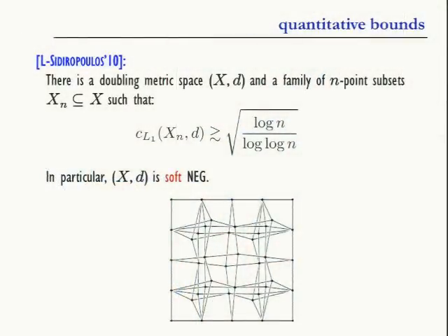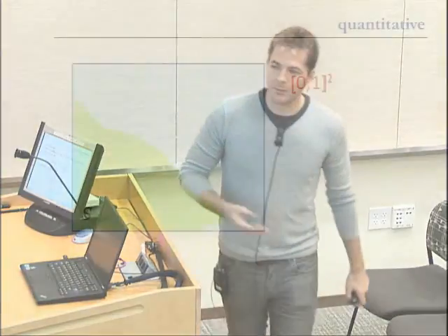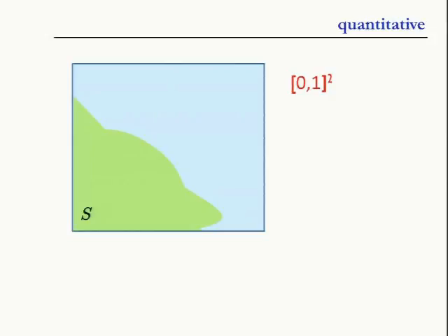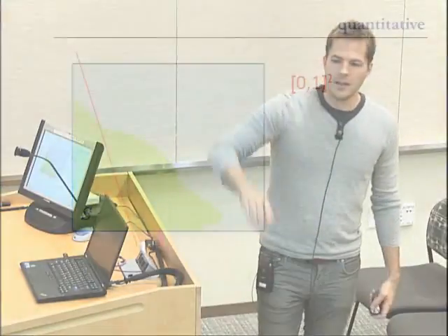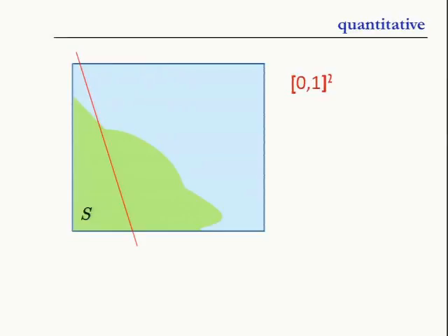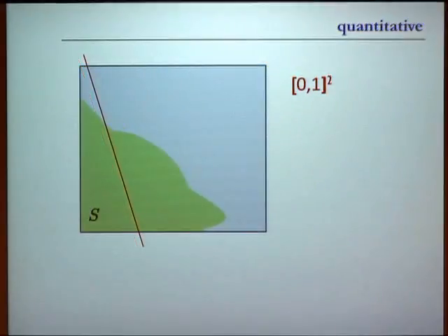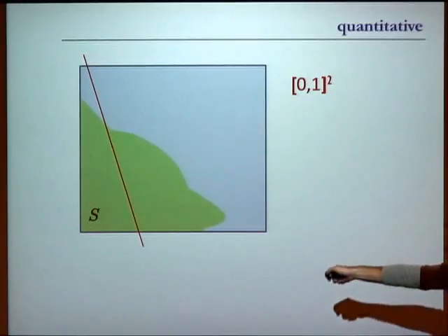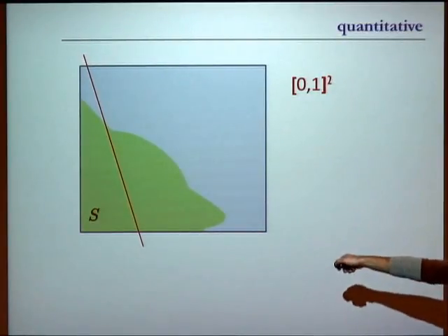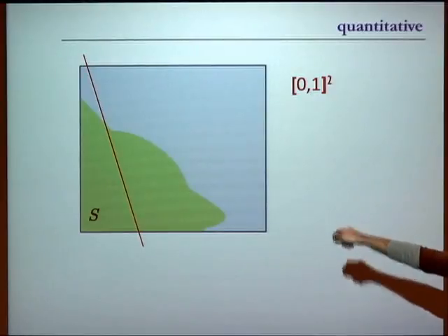Okay. So now, what's the quantitative problem that arises here? So it's the following: you take the unit square, and you take a set. And now, if I tell you that every line crosses the boundary of the set at most once, so we don't count the boundary of the square as the boundary of the set. So these crossings don't count, but this is the boundary on the inside.